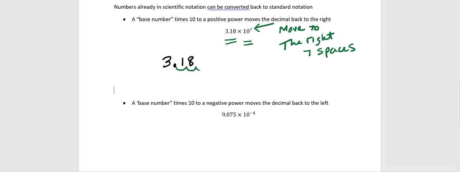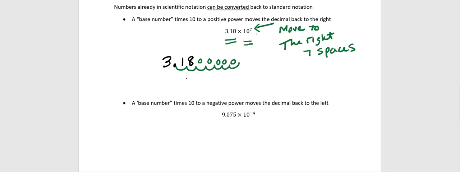1, 2, 3, 4, 5, 6, 7. And I'm going to fill all that extra space with zeros. So that's what my number would look like if I took this decimal point and moved it to where it originally was in standard notation, 7 spaces.